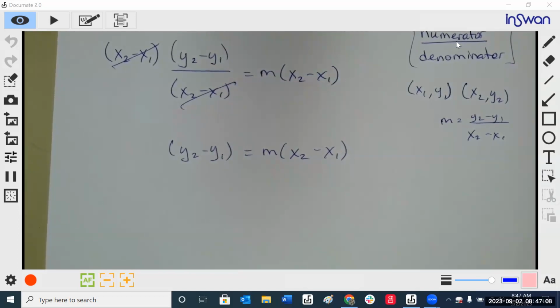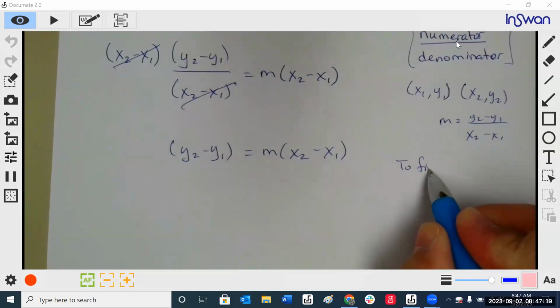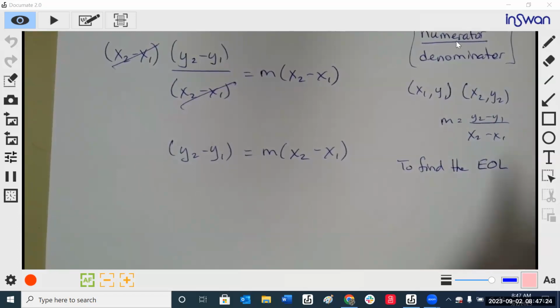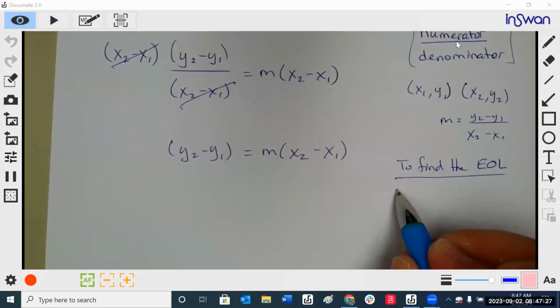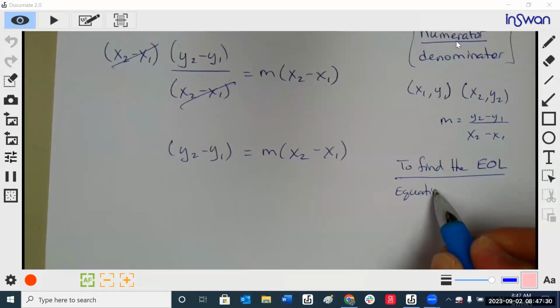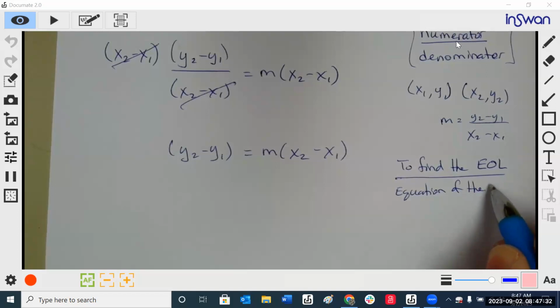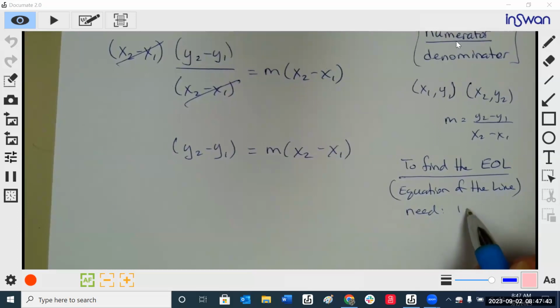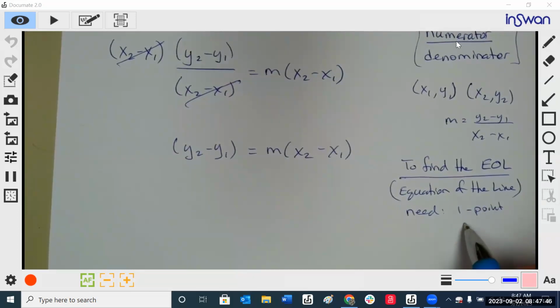So what we're saying here now, to find an equation of a line, you need to have the slope and you need to have a point. To find the equation of the line, EOL, you need 1 point and the slope.